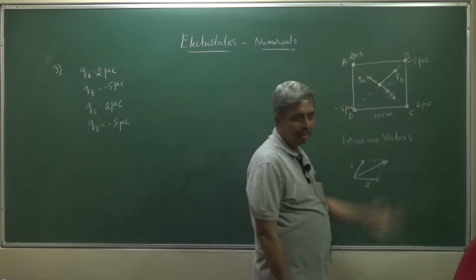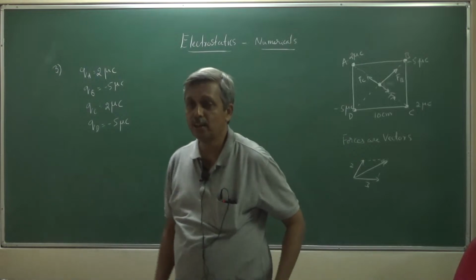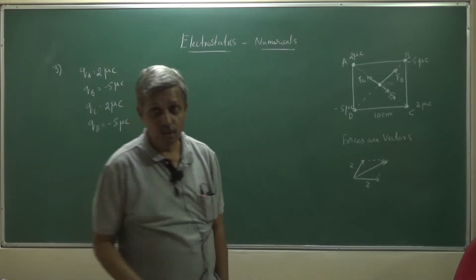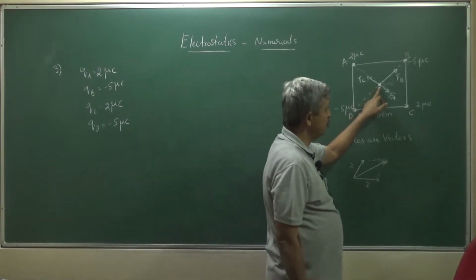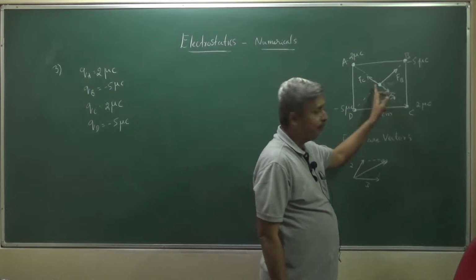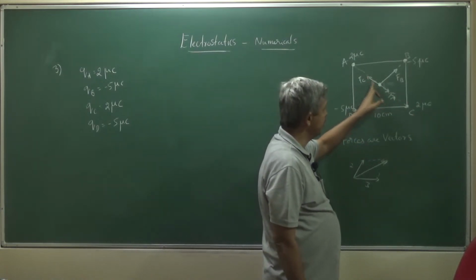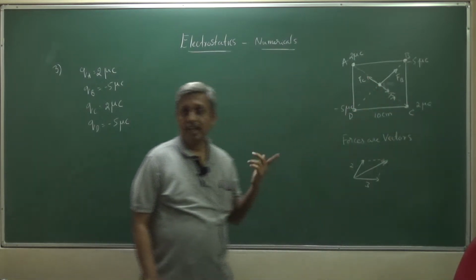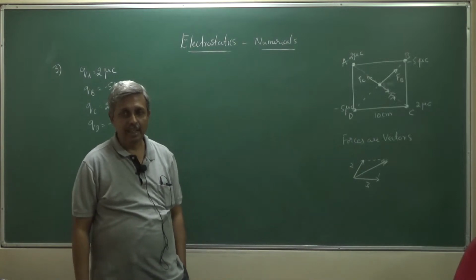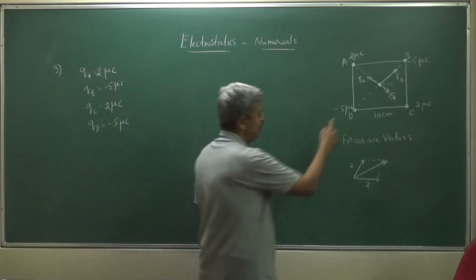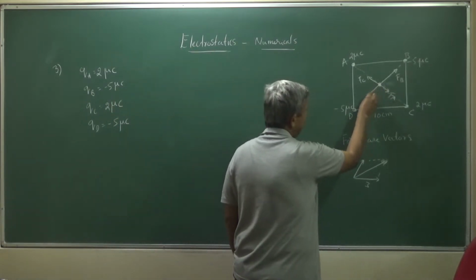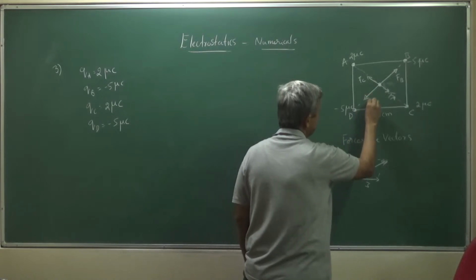If you actually calculate the force, it will be dependent on Q1 Q2 by R square. So Q1 and Q2 both being same here, Q2 is 1 and Q1 is 1. So these two being same, this length will be same as the other. Now similarly for this one, it is attractive and the length is longer, but it will be exactly same as this.